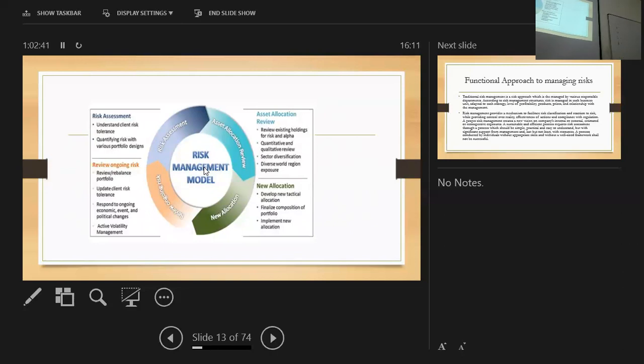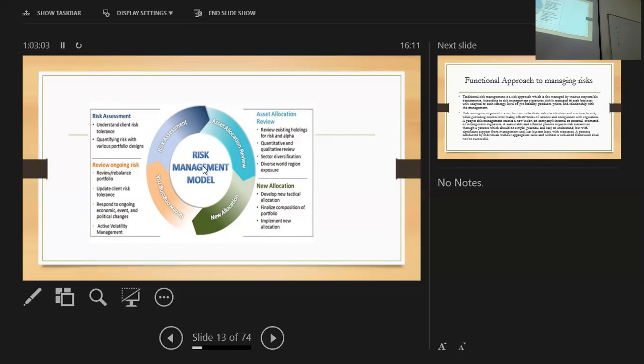Then we look at the process of risk management in the risk management model. We look at risk assessment. And remember, earlier on we spoke about risk identification. So this is now beyond the identification of the risk.